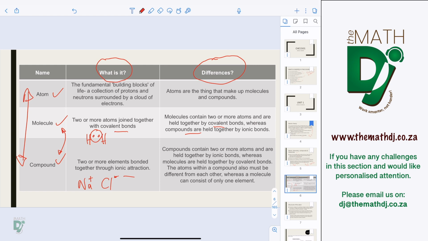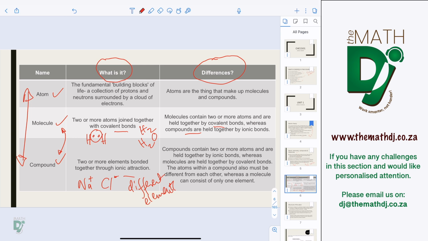Then the other difference is molecules can be formed by the same element, for example a hydrogen molecule, or by two or more different elements, like this. But compounds are different elements only. So these are the two main differences that you can have.